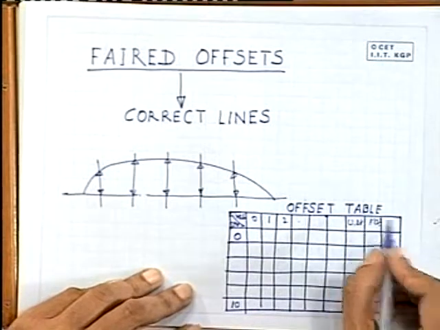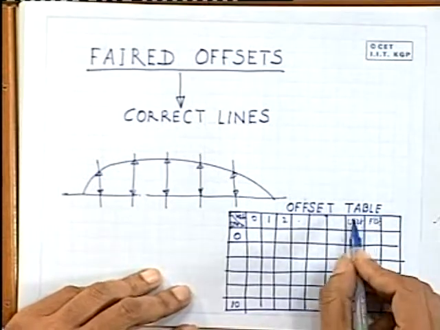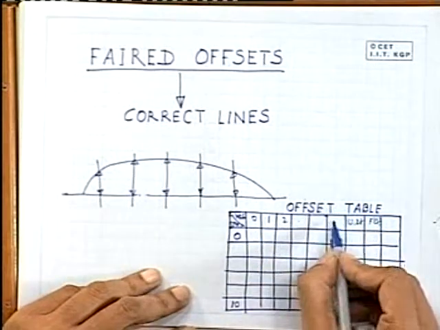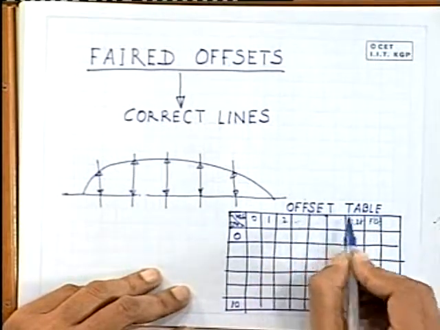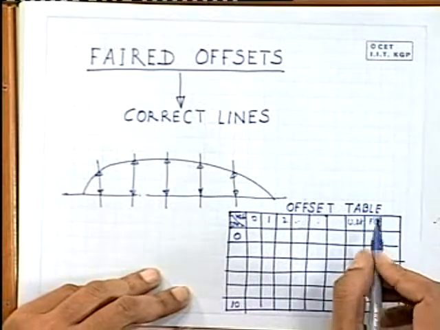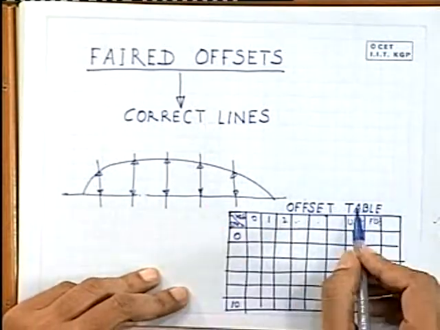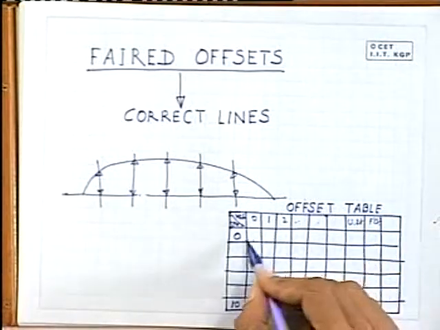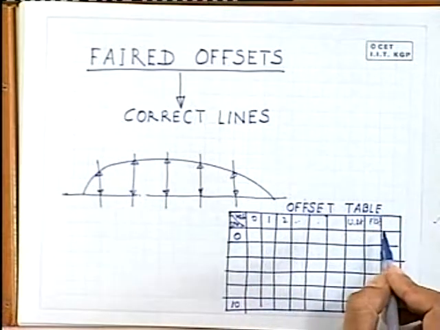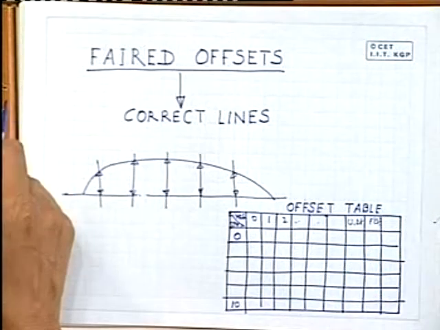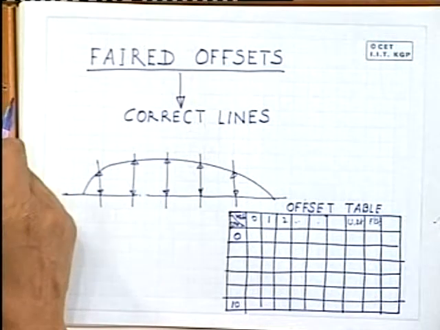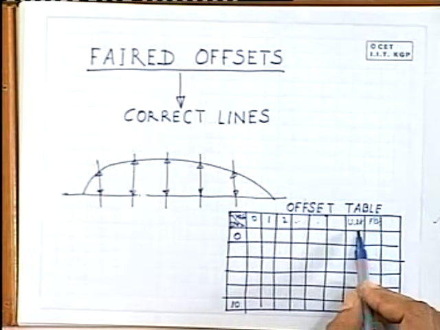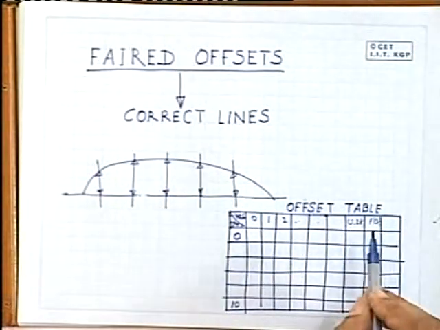And actually in the offset table you will find the upper deck breadth is given a little bit separate from these other water lines. Other water lines you can draw, but the upper deck sometimes may have a curvature longitudinally, etc. Upper deck breadths and also a height is given. In this offset table I think it is not depicted, but where the upper deck has a shear, the upper deck height has to be given.